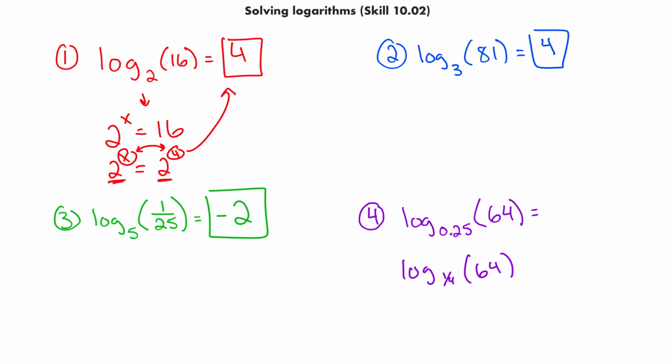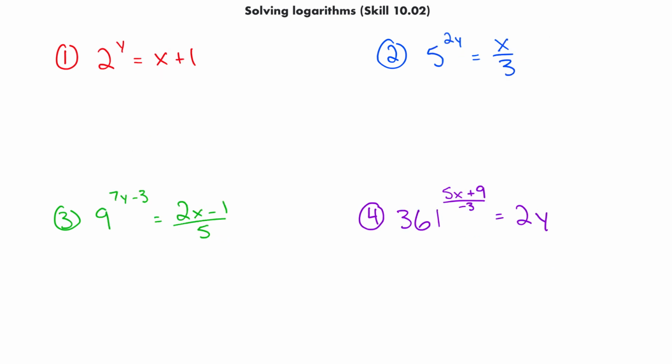Well, first I got to flip the 1/4, so I know my answer is going to be negative, and I need to turn a 4 into a 64, I do that by cubing it. So the answer is negative 3. Because 1/4 to the negative third power would turn into 4 to the third power, and 4 to the third power is 4 times 4 times 4, which is 64. These are the kinds of questions logarithms are much more keen on solving.